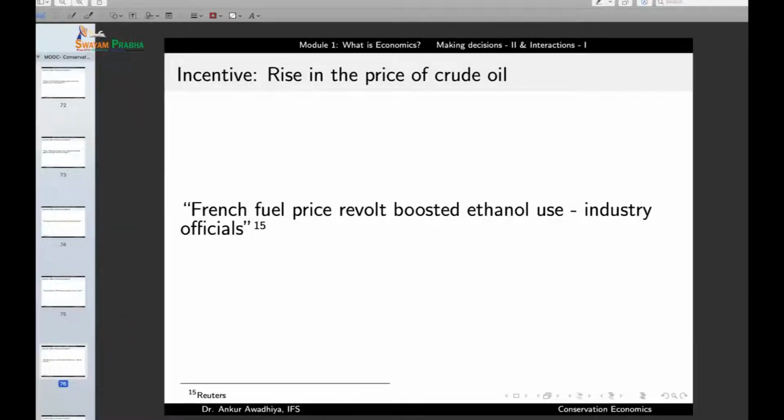So in the case of blended petrol, the petrol is mixed with certain amounts of ethanol, which is ethyl alcohol. Now, because the price of petrol has gone up, people are shifting to add more and more amount of ethanol and to shift towards a blended petrol. So this is another act that has been induced because of the price rise, the ethanol use is going up.